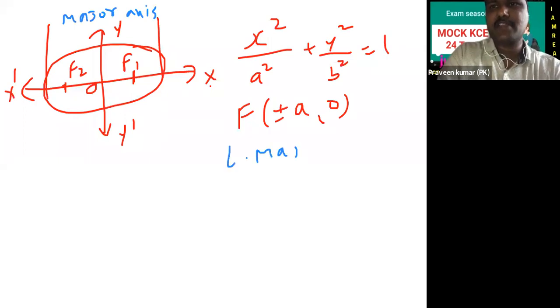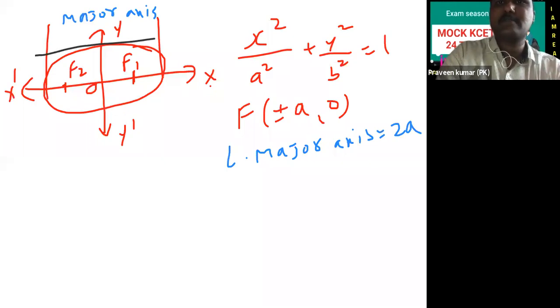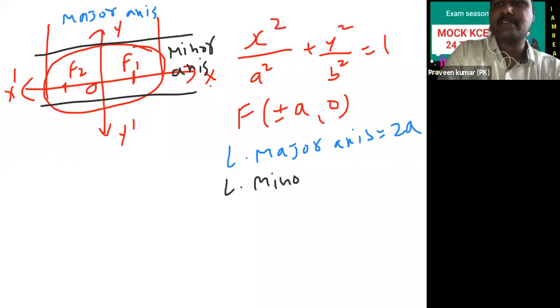Length of major axis is 2a. And this is called the minor axis. Length of minor axis is equal to 2b.